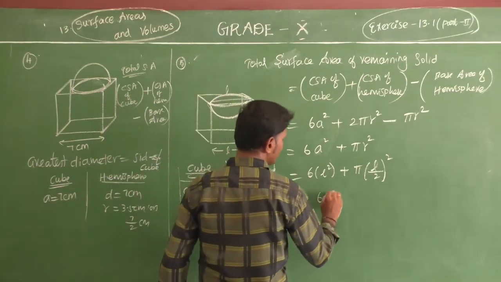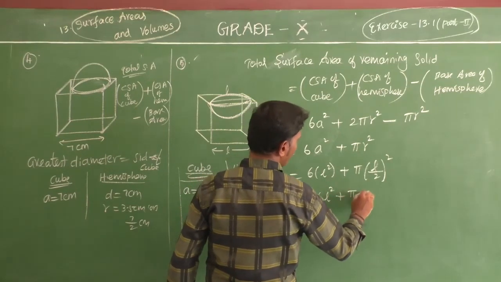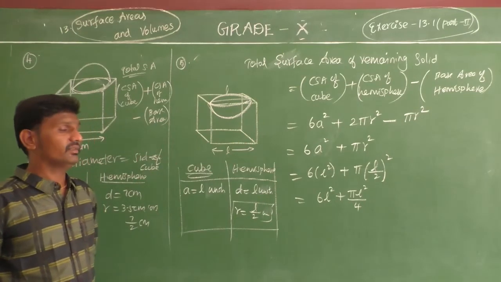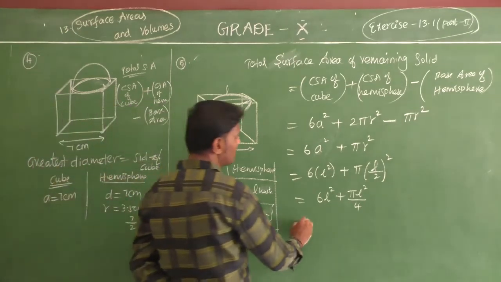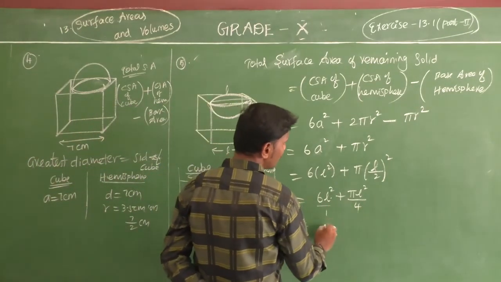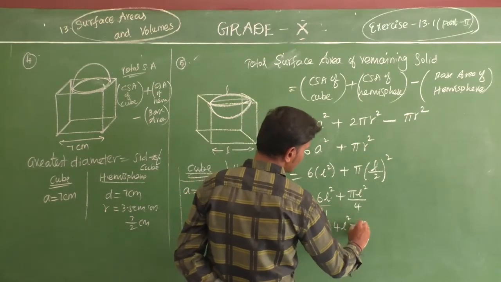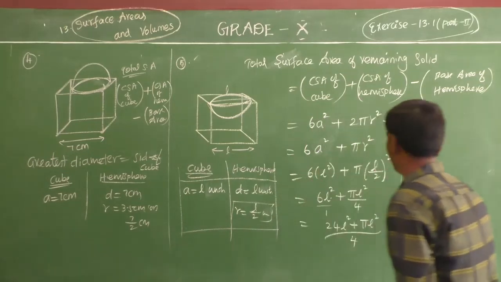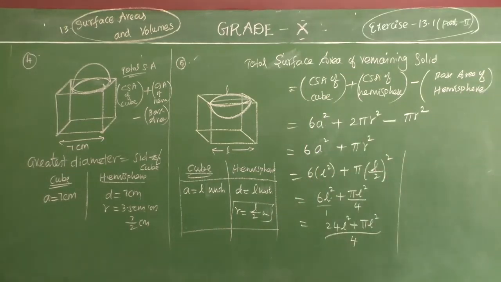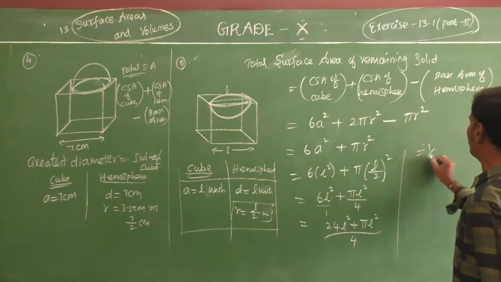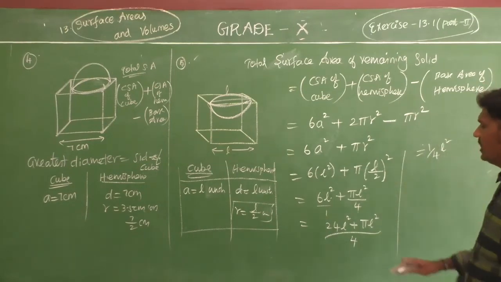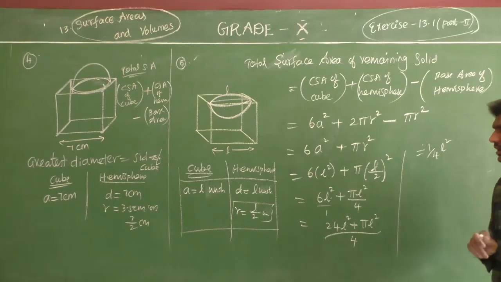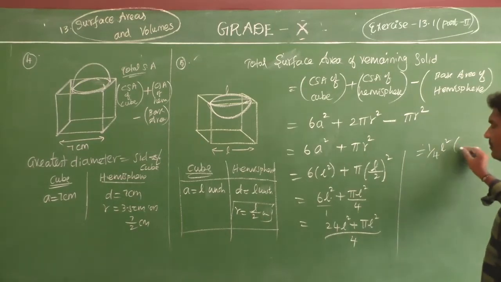Now 6 L square plus pi L square by 4, because (L by 2) whole square is L square by 4. Now cross multiplying, 6 fours are 24 L square plus pi L square, the whole divided by 4. So 1 by 4 L square is common. In the numerator L square is common, so what remains?